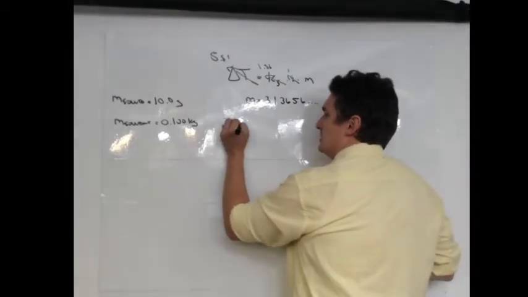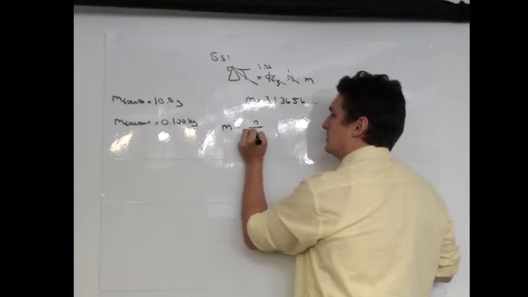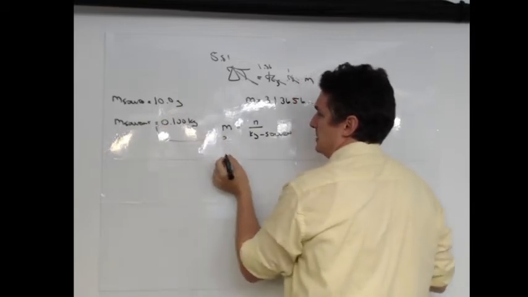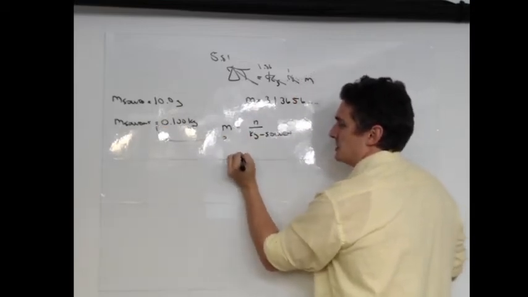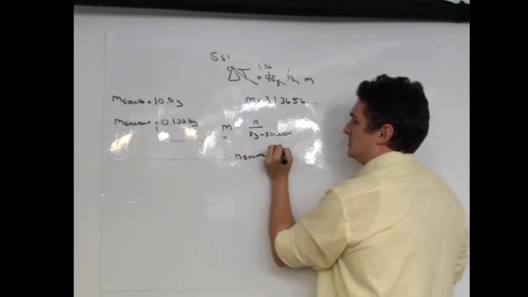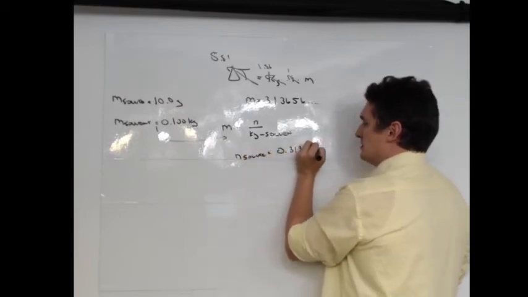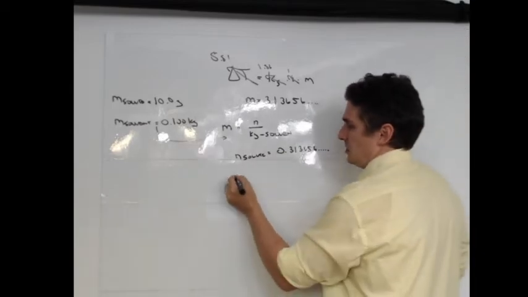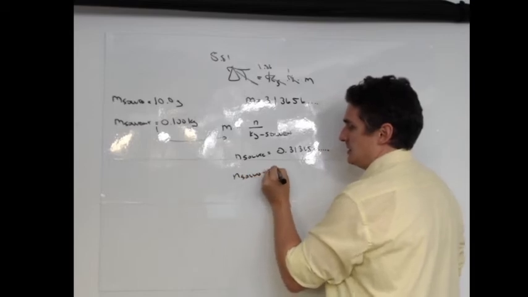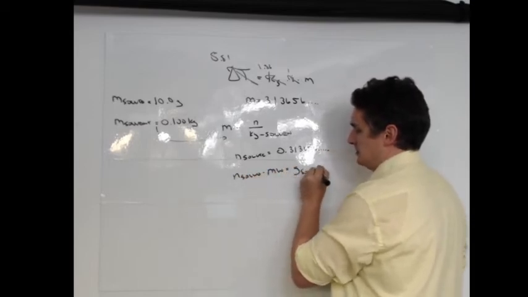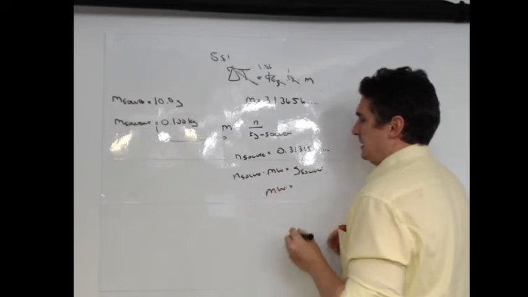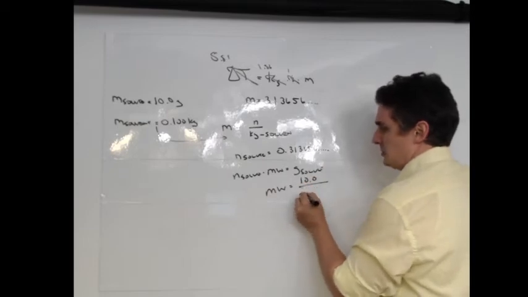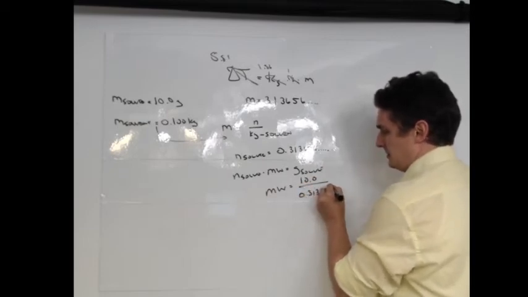Now, molality is equal to the moles over the kilograms of solvent. So we're given the kilograms of solvent. So if we rearrange, we get that the moles of solute equals 0.313656. Now our last relationship, our moles of solute times the molecular weight equals our grams of solute. So our molecular weight is just the grams, the 10.0, divided by our moles, which is 0.313656.